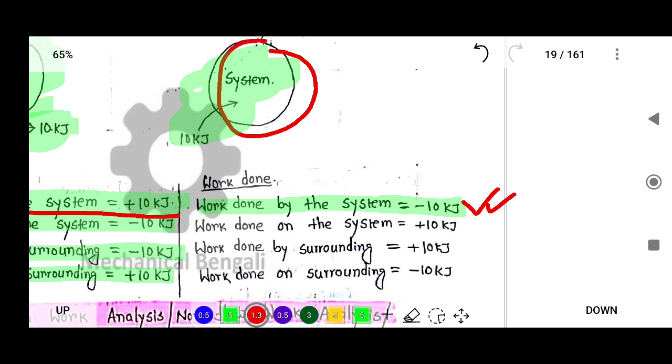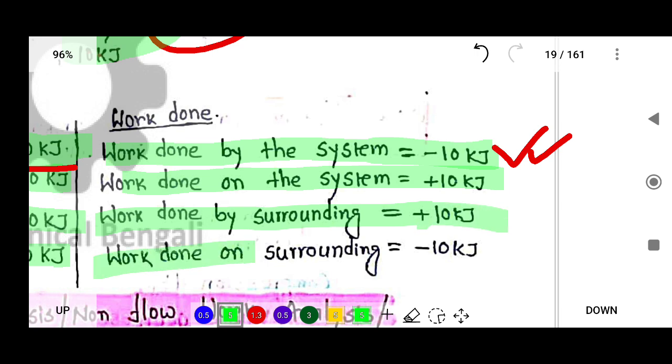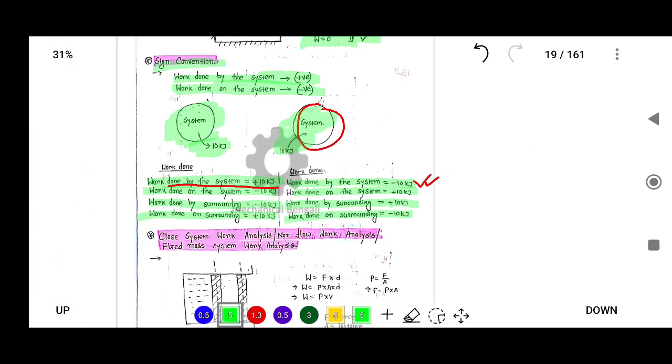Or you can say work done on the system is plus 10 kilojoule, work done by the surroundings is plus 10 kilojoule, and work done on the surroundings is minus 10 kilojoule. So this is something about work and heat transfer, or energy interaction.